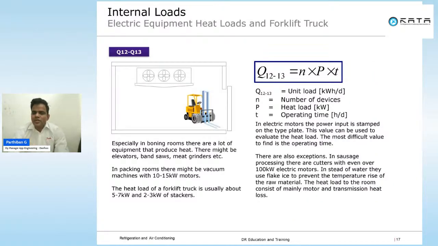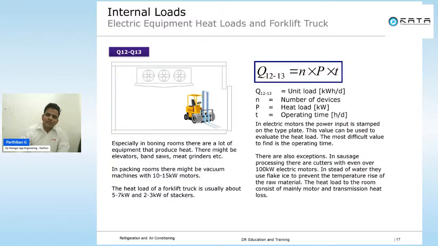Then the next internal load, which is very important, is electrical equipment. So if you see, there are a number of electrical equipments which are used in the cold storage. It can be a forklift, or some kind of motor, or an elevator, or vacuum machines. Whenever there is an electrical machine entering the cold storage, this machine will generate heat. So how to calculate it? First, if you are using a motor, the total power supplied to the motor will be emitted as heat.